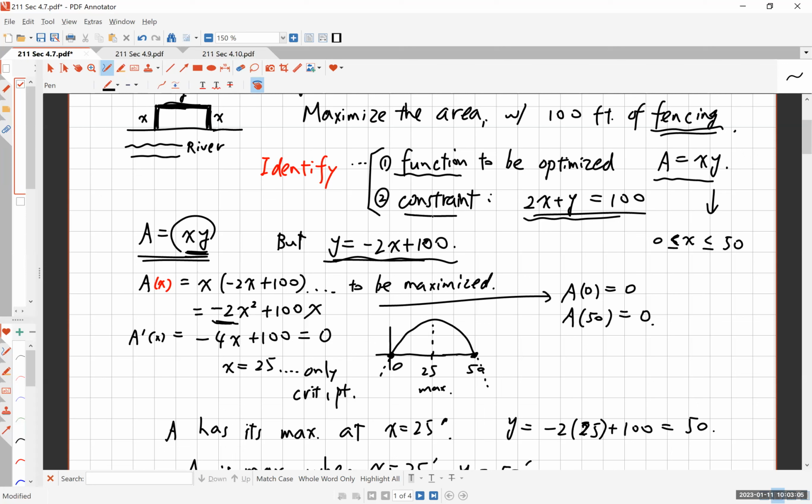And there's a constraint. And the process of making this a function of one variable requires you to cleverly, smartly, efficiently, intelligently, mathematically use the constraint or constraints so that you can make that function a function of one variable.